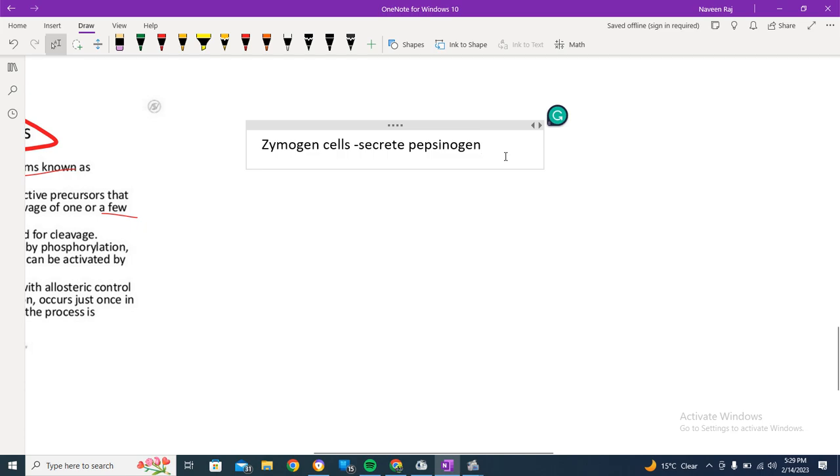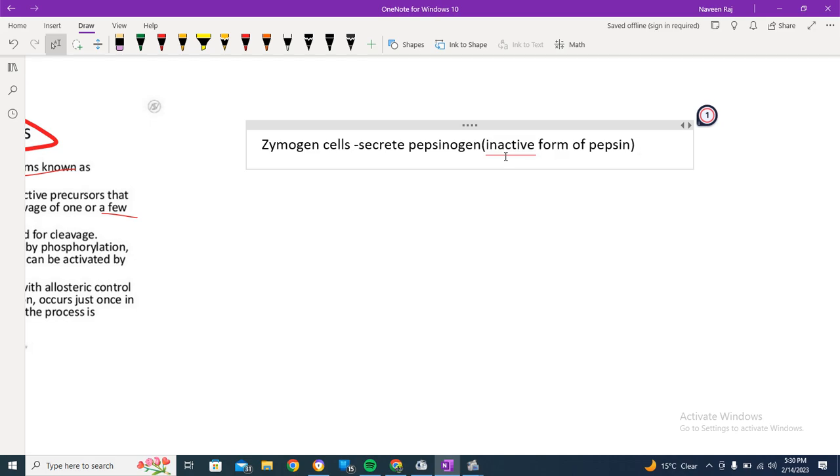Pepsinogen is the inactive form of pepsin, and pepsin is one of the important enzymes used in the digestion process.